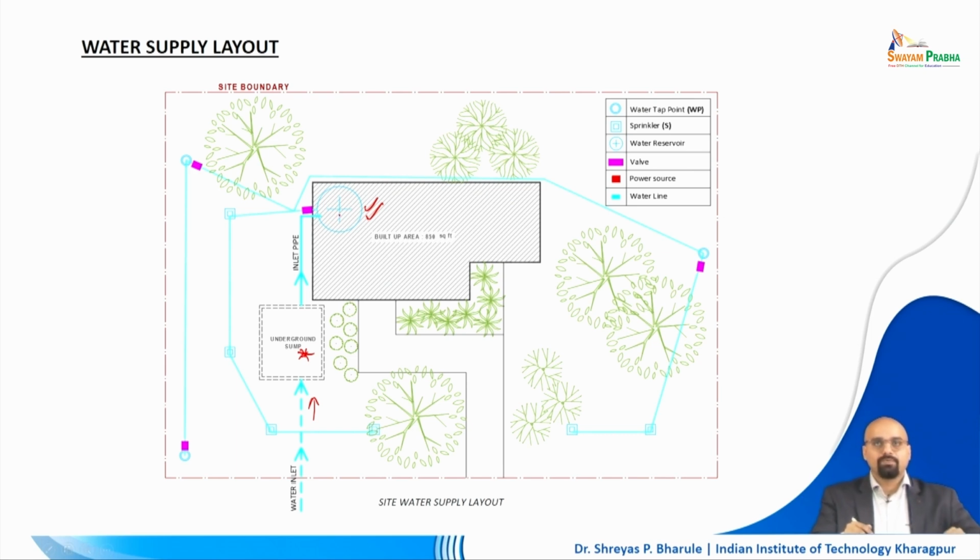For example, if you will be going away from the site, say on a holiday or a vacation somewhere else, it may so happen that suddenly something gets damaged inside the house and you will lose a lot of water, right, which is a lot of waste. So, in that case you need to have a check when you are taking the intake coming out from the main water storage reservoir.